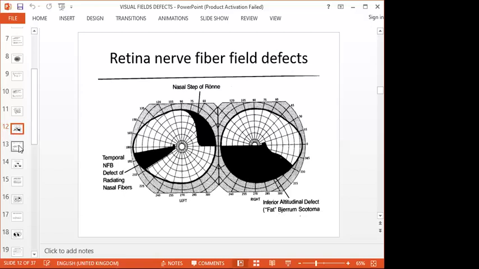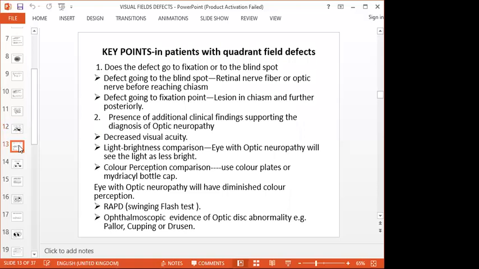Key points in patients with quadrantic field defects: does the defect go to fixation or to the blind spot? Very important. If the defect goes to the blind spot, it means there is a retinal, nerve fiber or optic nerve lesion before reaching the chiasm.